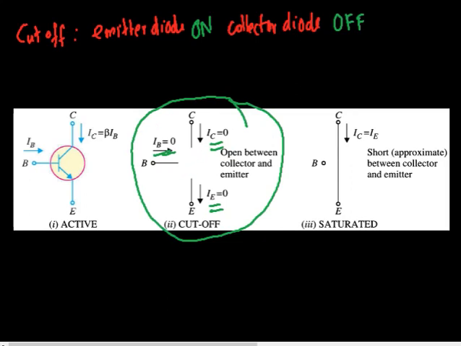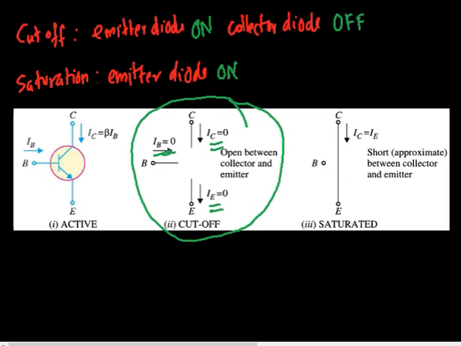And if you consider the second part, that is saturation. Saturation means the emitter diode is on, because there is a proper base current flowing through the circuit. If there is a base current flowing through the circuit, then the emitter diode will be in the on state.